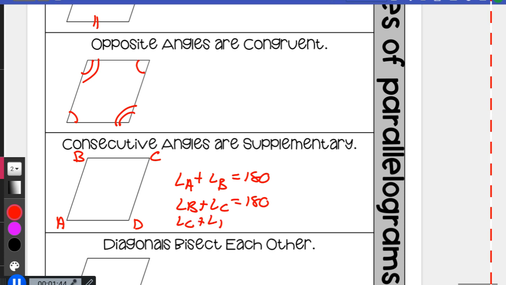Angle C and angle D added together equal 180. And one more. Angle A and angle D added together equal 180. So consecutive angles. If you were to throw some numbers in there, you could have like 30 and 150, and then it would be 30 and 150.